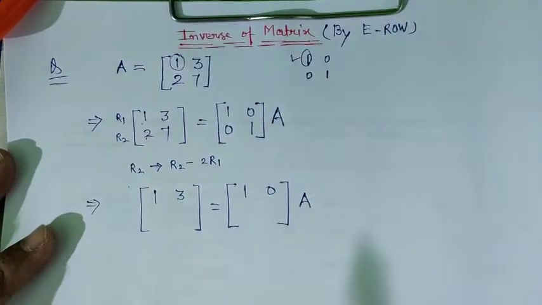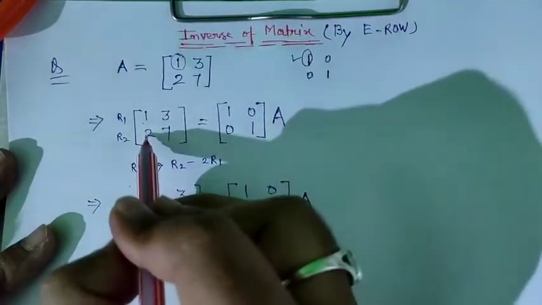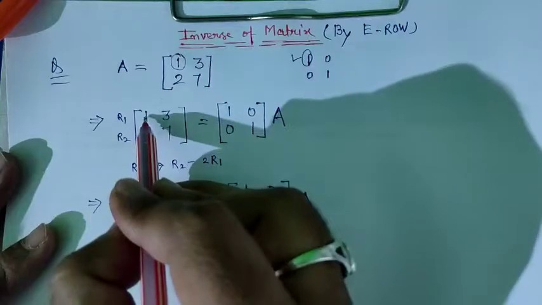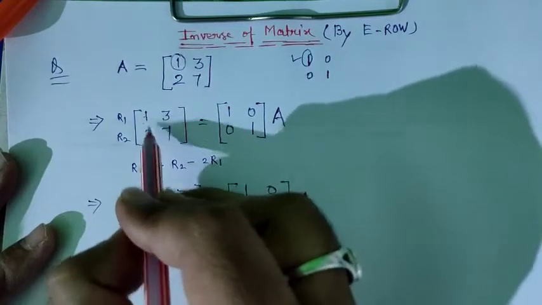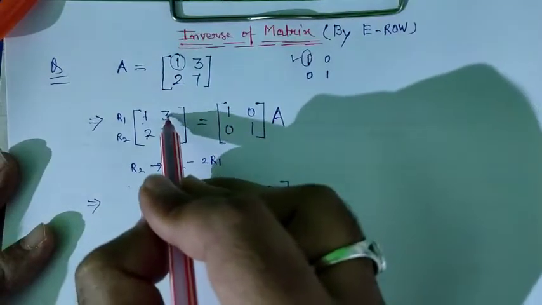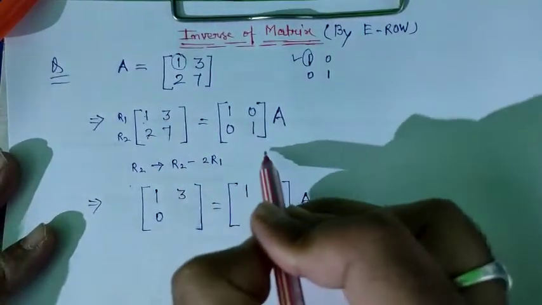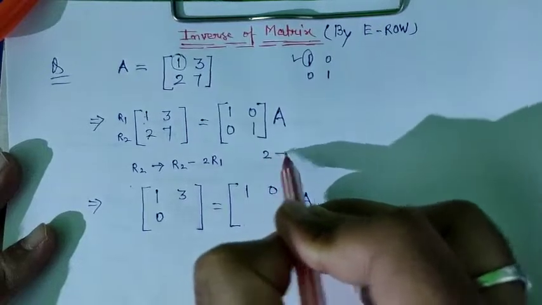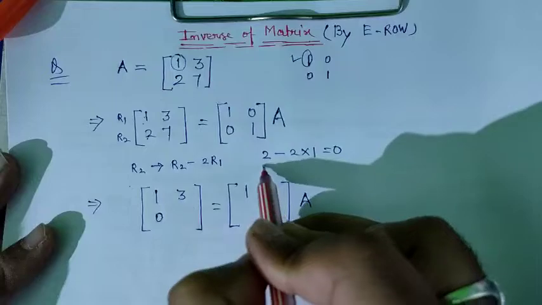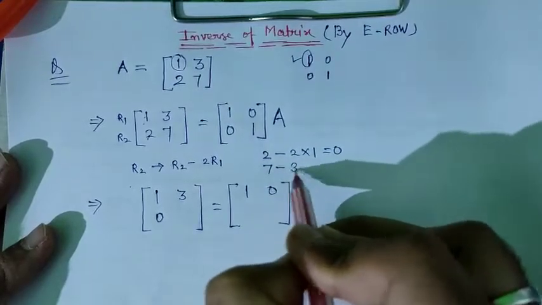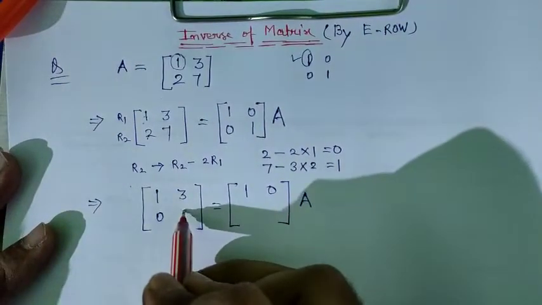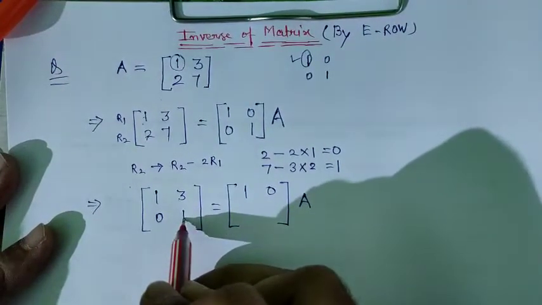Now why am I doing it? Because I want to make this 2 into 0. Then what I have to do, 2 minus 1 into 2. If I do like this, it will be 0. And 7 minus, I can show you the calculation here, 2 minus 2 into 1, it is 0. And 7 minus 3 into 2 means 1. This we have got 1.